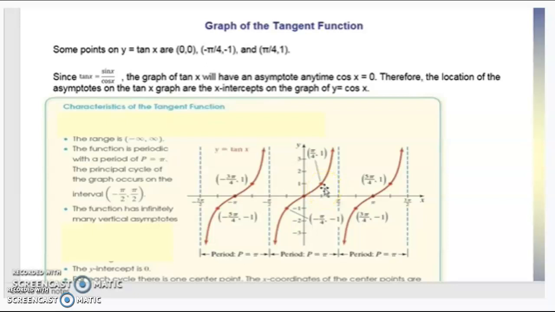Using those 3 points and the asymptotes, we are able to make a nice sketch of the graph of the tangent function. You can think of this graph as being half of 2 parabolas with a vertex at 0, 0. To your right, you have the half of the parabola that opens upward, and to your left, you have half of another parabola opening downward.